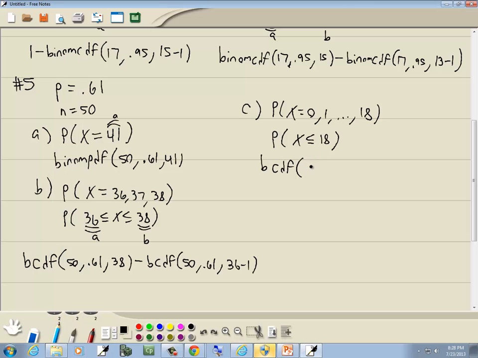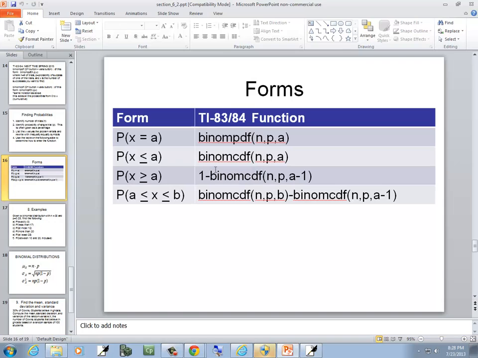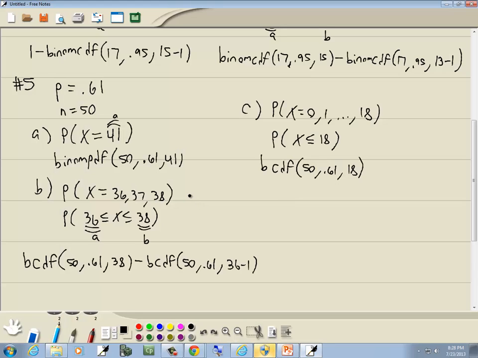N, P, A: so we'll have 50, comma, 0.61, comma, 18. Again, the A here represents a number, and the B represents the number 2. And that'll give us our answer.